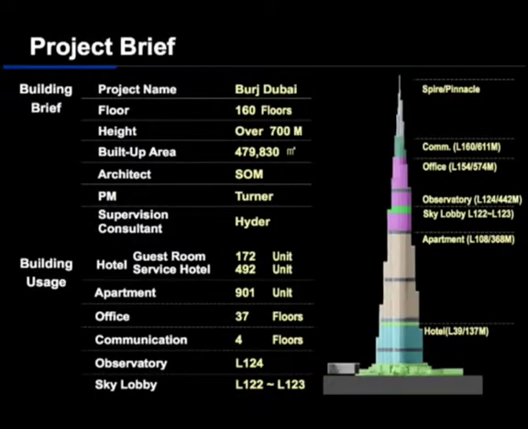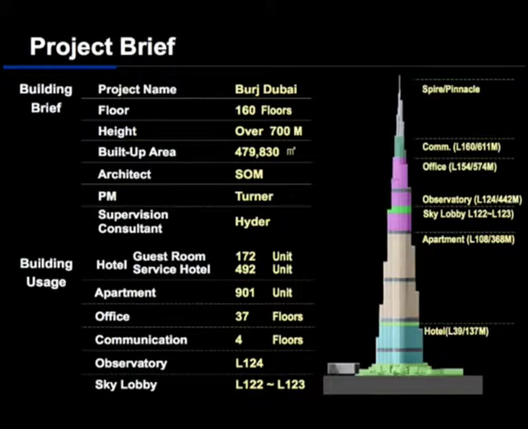Burj Dubai Tower has more than 160 floors, and the total building height is over 700 meters. The total built-up area is almost 480,000 square meters. The design was done by SOM Chicago, Turner is carrying out the project management, and Hyder is the supervision consultant.